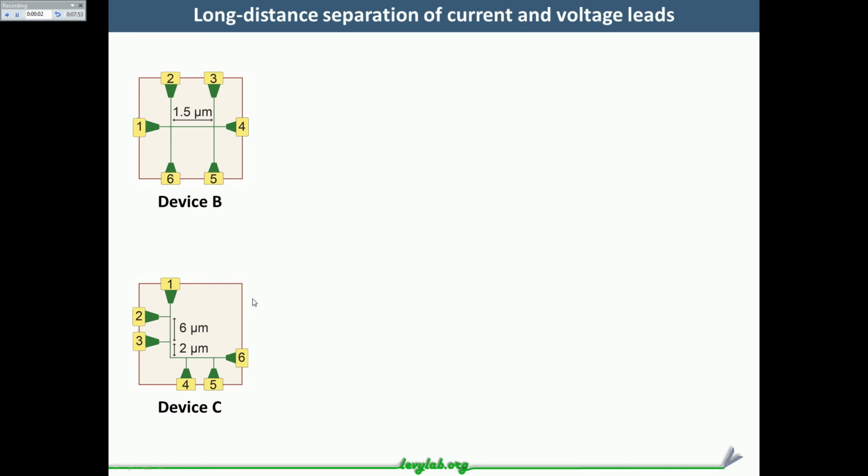So not only do we see this within the coherence length, but we also see non-local signals when the current and voltage leads are separated by longer distances. And we see this in several devices. In device B here, we're running the current through 5 and 4, measuring the voltage at 6 and 1.